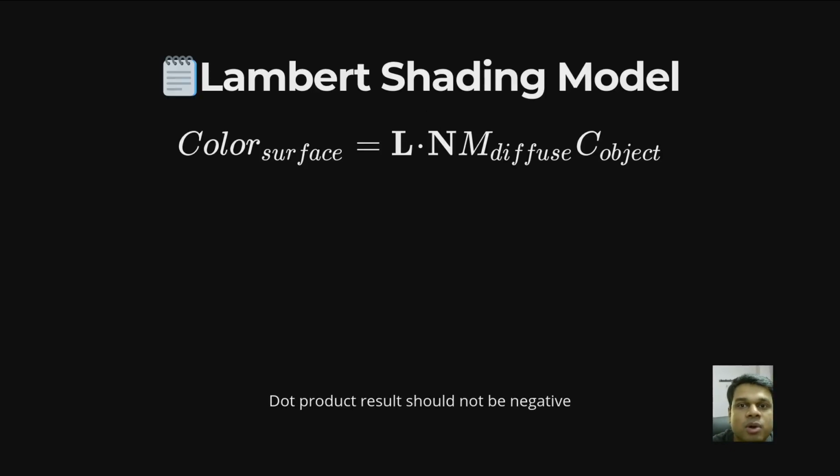So how does our modified Lambert shading model look now? The diffuse color on a surface, the color of the surface here refers to the diffuse color, is equal to L dot n, where L is the light vector and n is the normal vector, multiplied by m diffuse, multiplied by the color of the object.